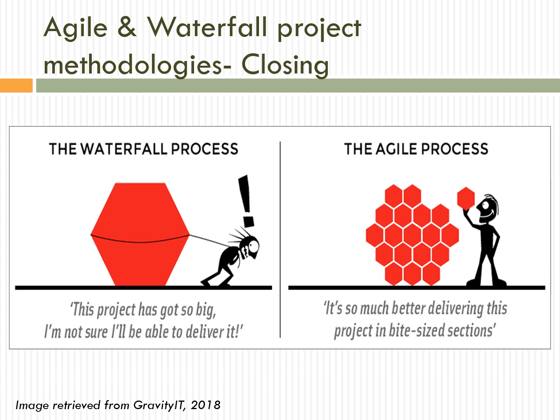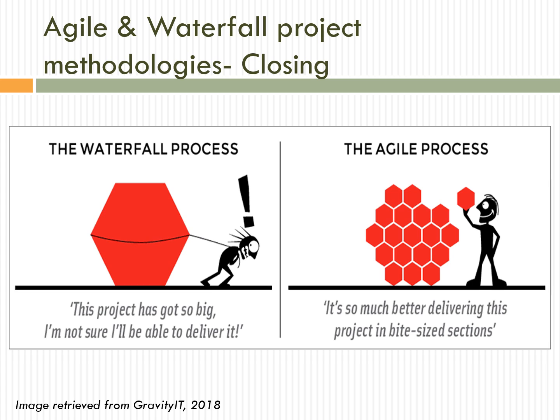This is just a fun graphic. You know, my old boss used to say, if you don't laugh, you're going to cry. But so the waterfall process, to me, in my experience, has sometimes felt like the image on the left. This project is so big. Oh my God, I don't know if we're going to be able to deliver it. Whereas in an agile process, because you're delivering it in small chunks, you're making progress every 2 to 4 weeks.